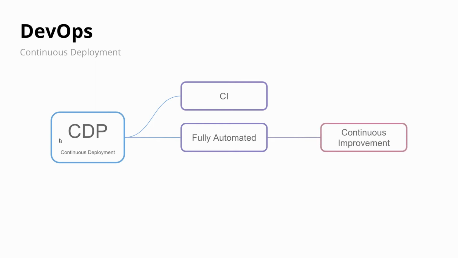Any change you make to your code base will get to production immediately, of course, after making sure it works. The process of making sure it works or not is automated, and it's heavily based on unit testing as well.